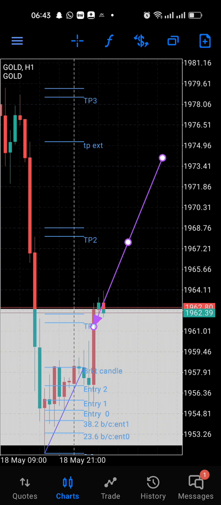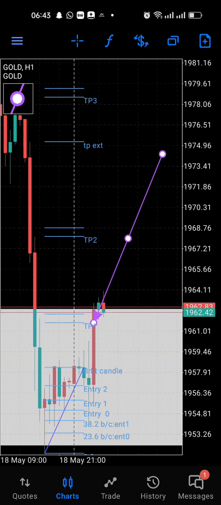I only found out that I was already out of the market when I woke up. It hit TP, so I didn't have the chance to take a screenshot when it was approaching TP.